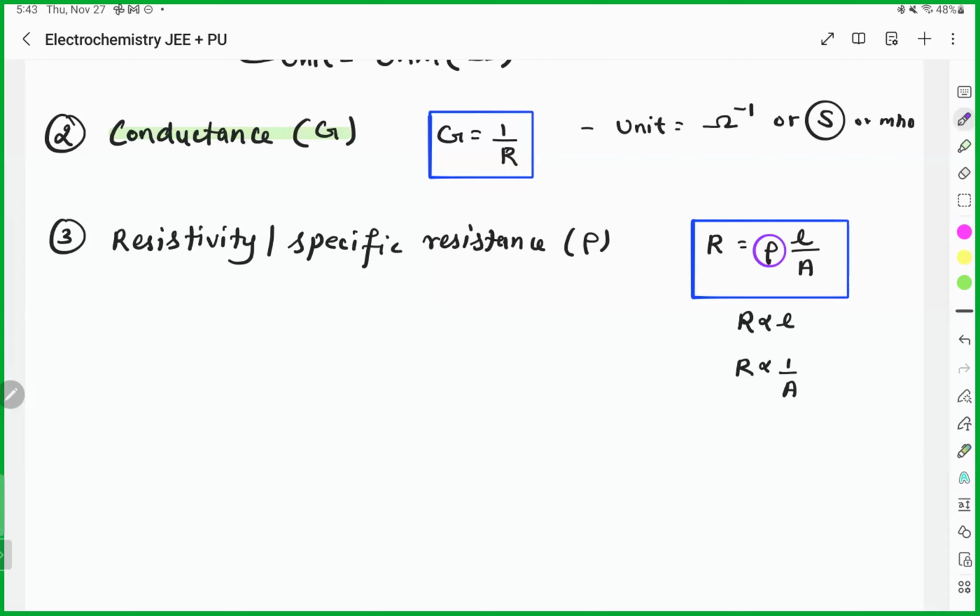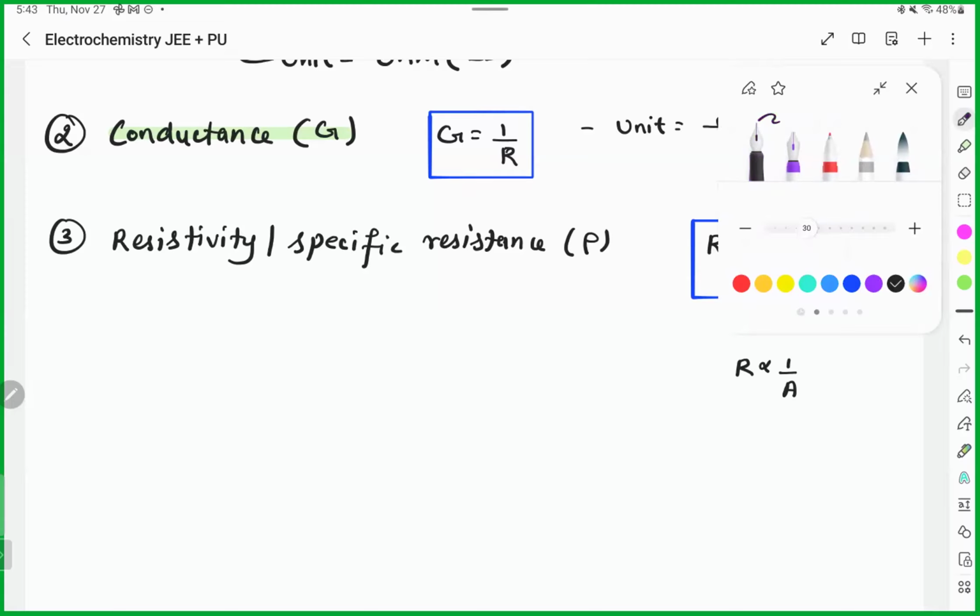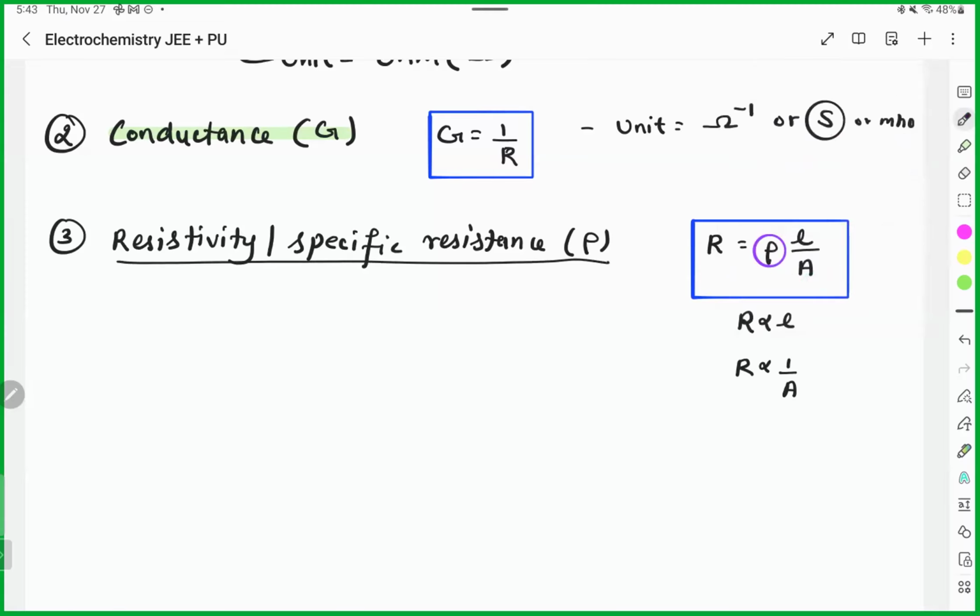If you take copper wire, silver wire, gold wire or some other wire, it will be decided by the nature of material. Correct? So what will be the unit in this case, Chinmay? Rho is R A by L, so it will be ohm meter. Yes, sir. Correct?